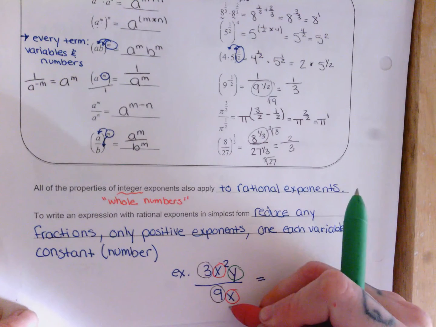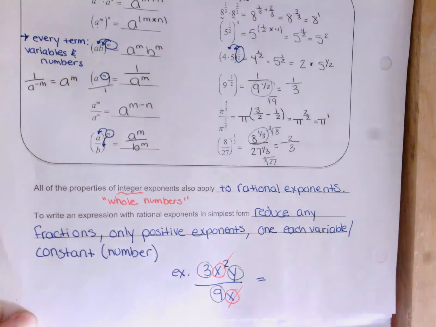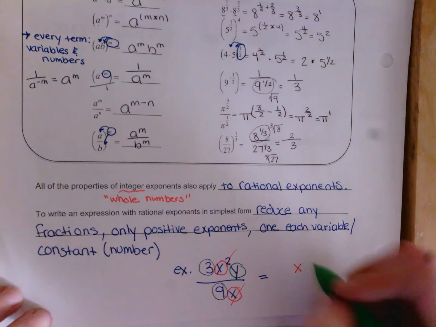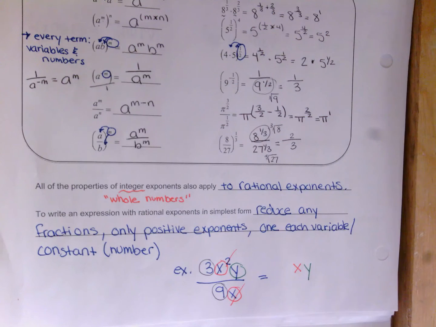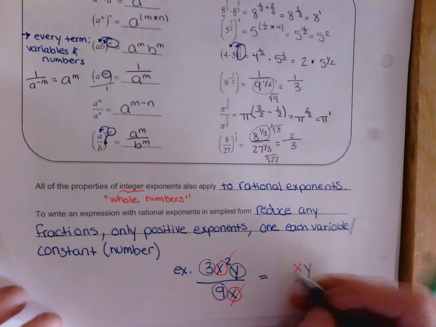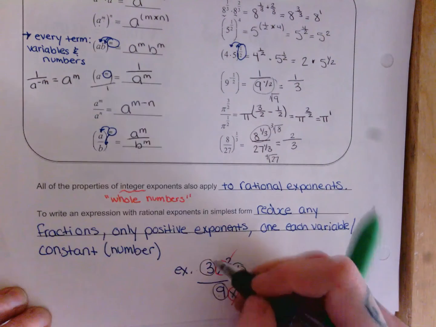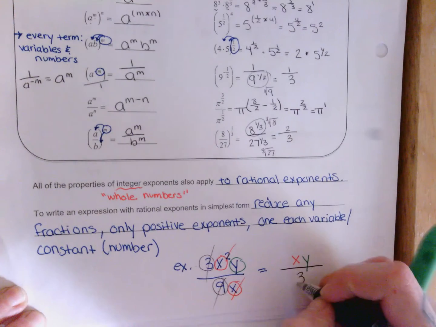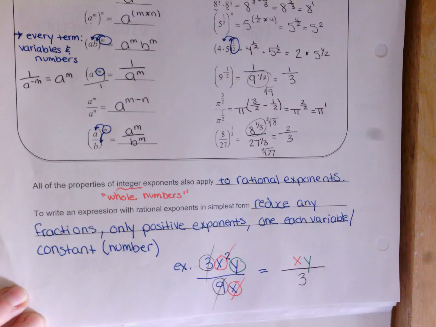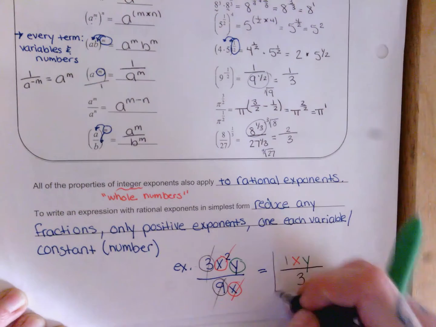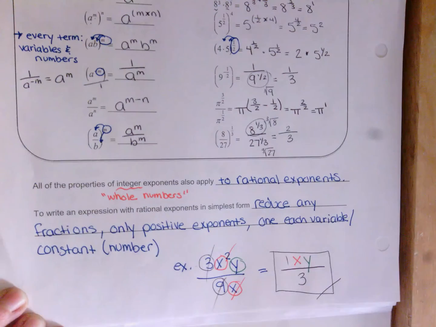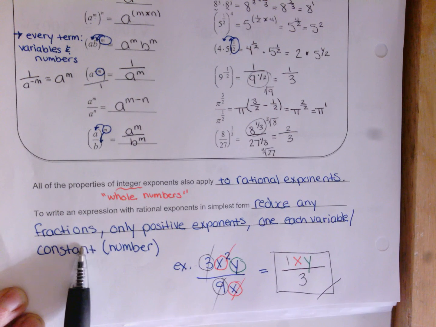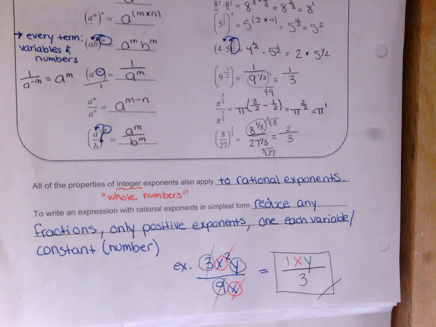I'm going to take one of these x's from here and one of these x's from here, so I just have an x on the top. I only have one y, so that's not going to reduce. And then when I reduce the 3 and the 9, if I divide this by 3, it will cancel. If I divide this by 3, I'll have a 3. Could say I have a 1 here. Positive exponents, one of each variable or constant, and I reduced any fractions. This one doesn't happen to have any.